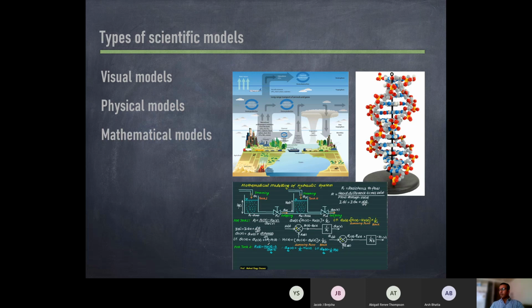Then I have the mathematical models. Mathematical models usually describe a system by a set of variables and a set of equations. So you'll need a bunch of equations, and these equations will establish the relationship between the variables.